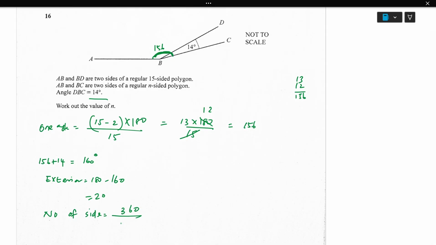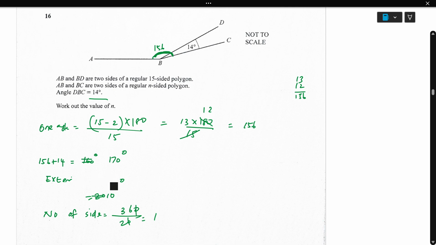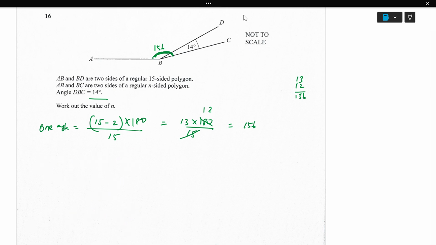Sorry, here it is 170 degrees, so it's going to be 10 degrees.